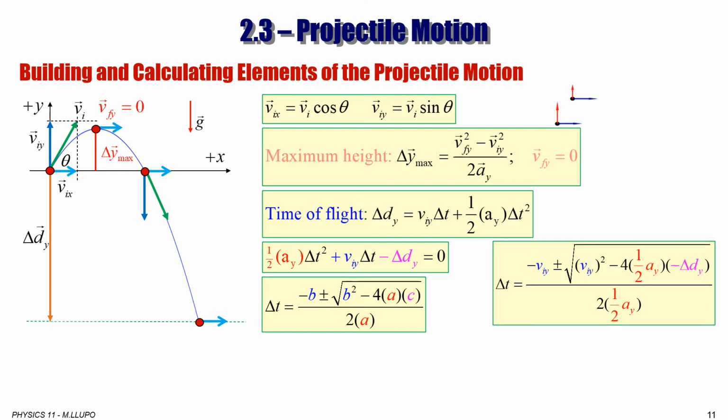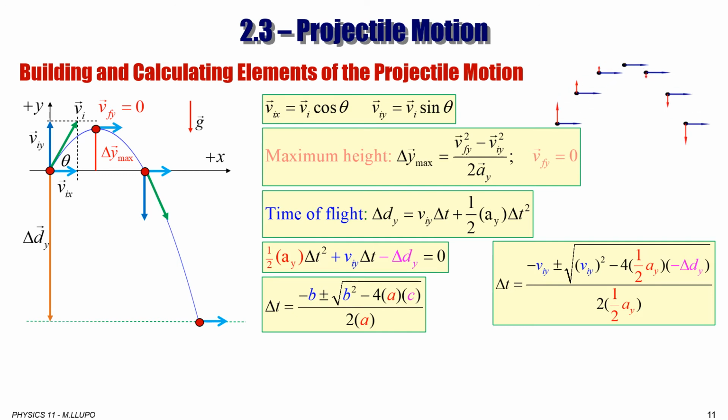So vertically, it starts from this level and falls to this level. That's why the vector delta y starts where the start position is, toward the ground. The direction is opposite of the positive, so that's why delta y is negative.